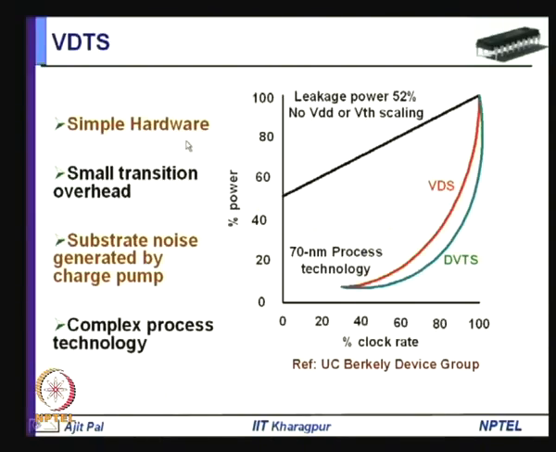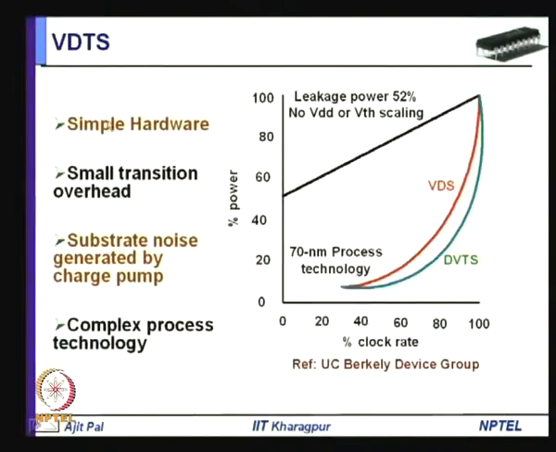We have already discussed the hardware that you require for implementing dynamic voltage scaling. You will require a DC to DC converter, you will require a phase lock loop for frequency generation and so on. But in this particular case, you will require much simpler hardware.